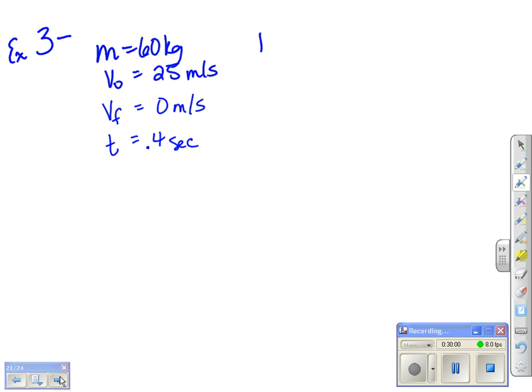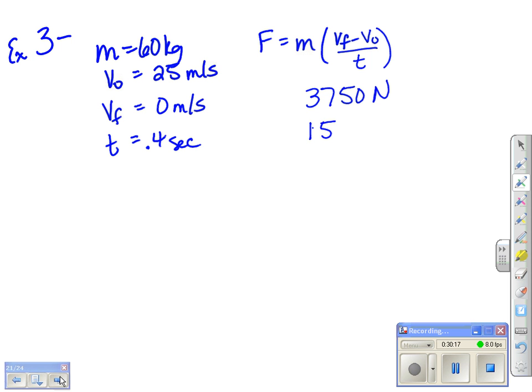So we found force equals mass times Vf minus V naught over T. We plugged in our numbers and found that it was 3,750 newtons for the first part. For the second part, it was 1,500,000 newtons if the windshield instead. And then it asks you on C how many times greater is the stopping force of the windshield than the seat belt.